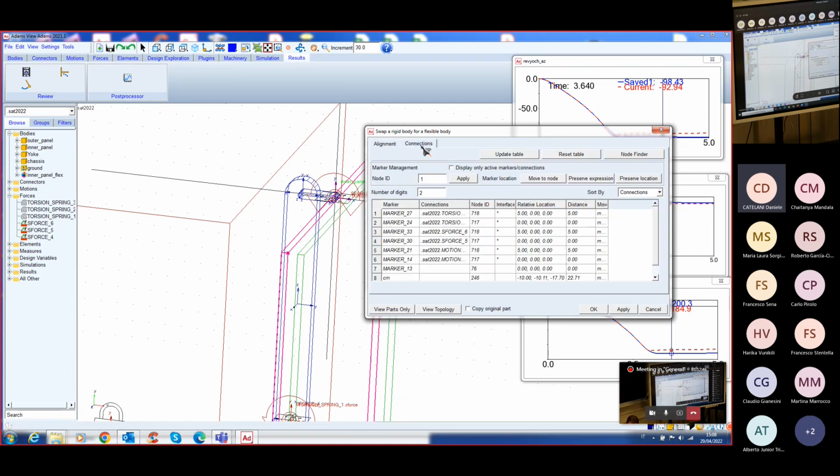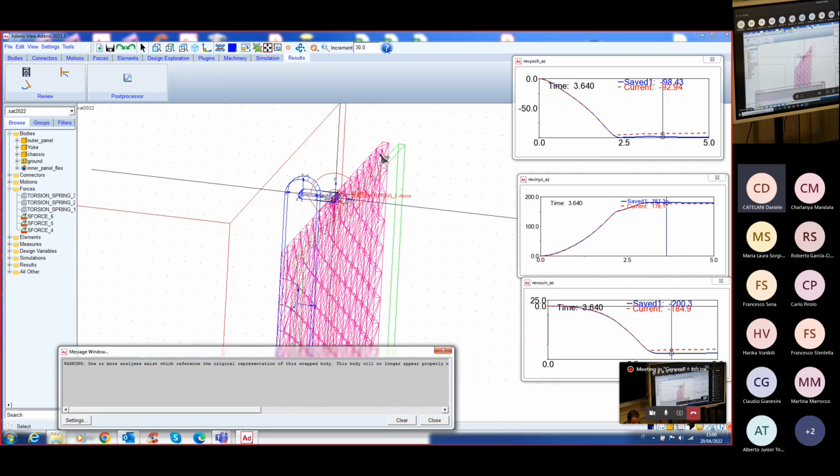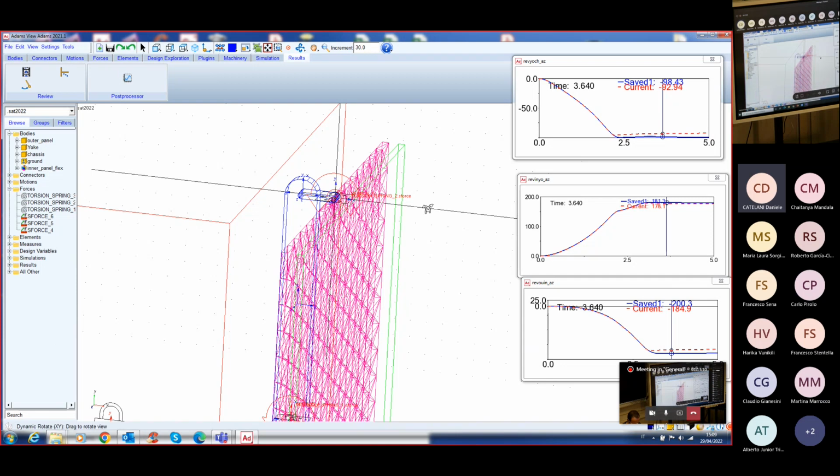You can check the connections in order to see if the nodal here is identical to the marker in the rigid body. When you are satisfied with the result because there is no warning message, error message, etc., you can click on OK, and you can see that the rigid body is replaced with a flexible one.